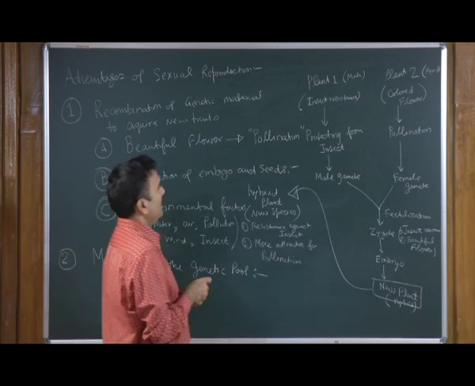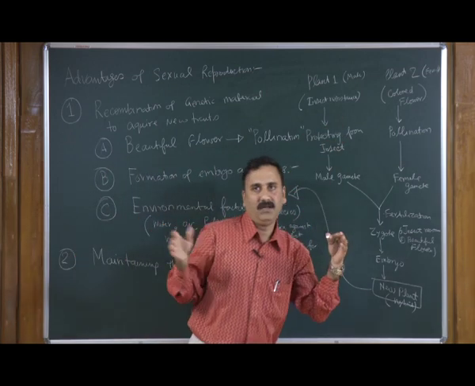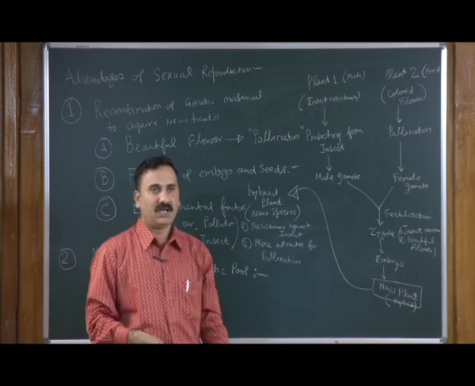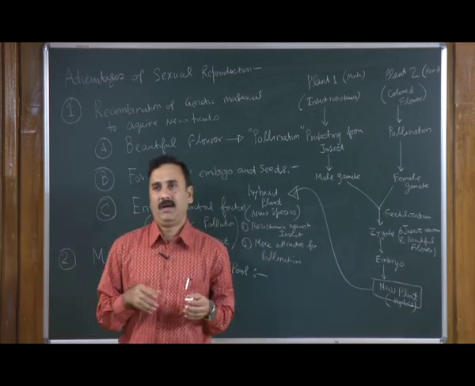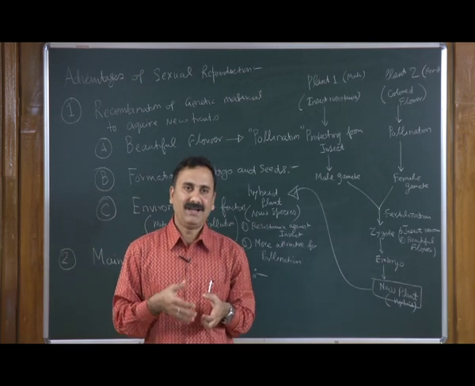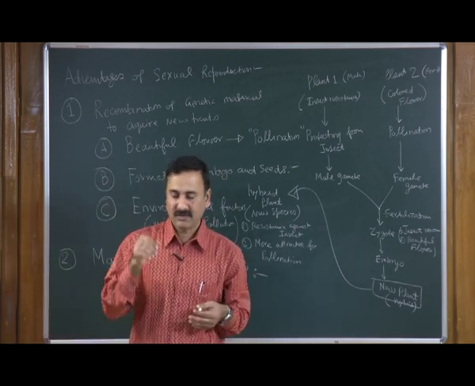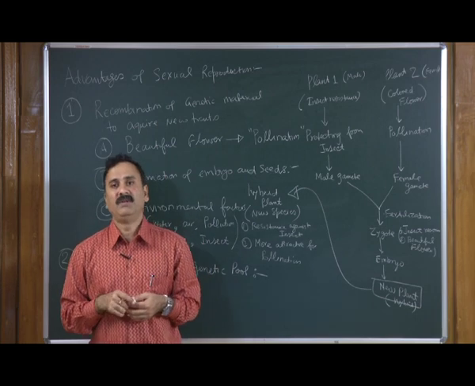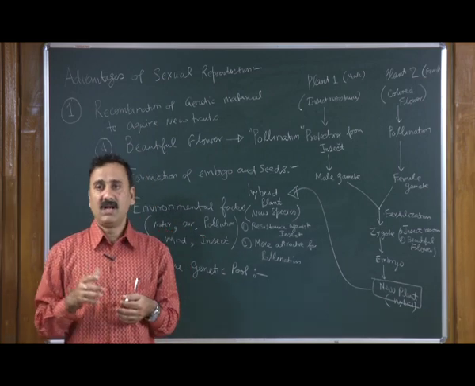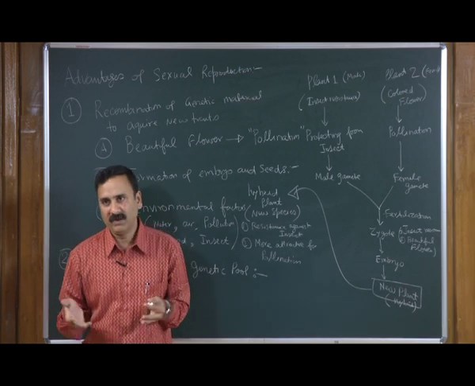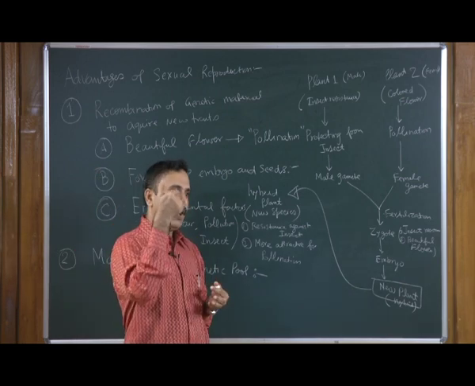You might have seen that the male sex organ as well as the female sex organ go through meiosis division, and that causes the generation of male gametes as well as female gametes. Both of these gametes are haploid, and when they come together they will form the diploid.